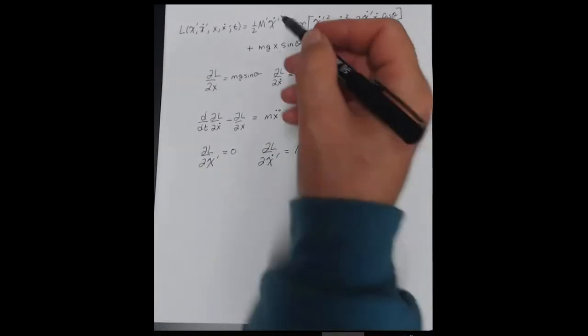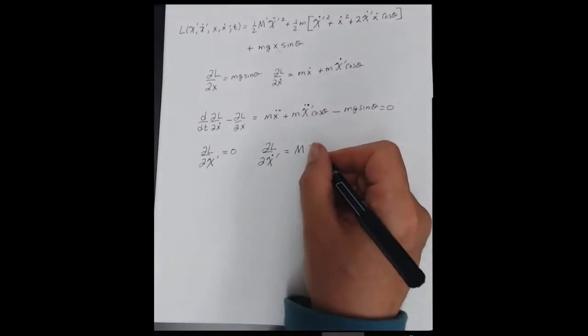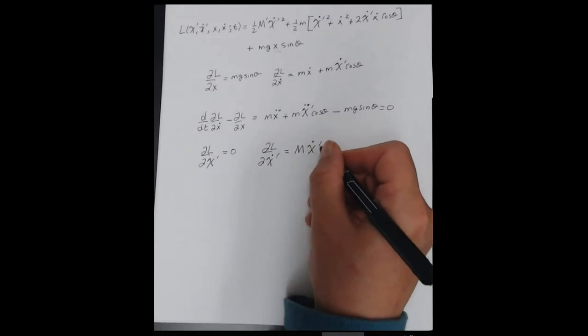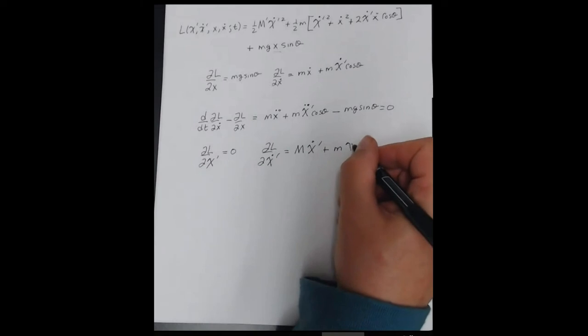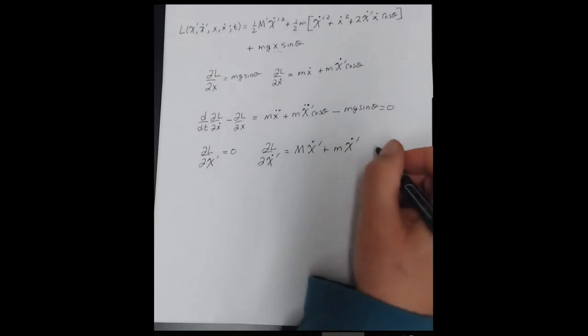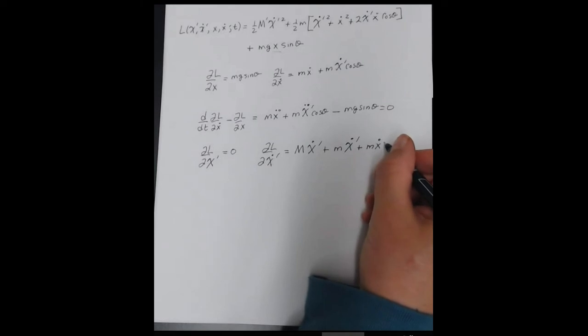Big M big X dot plus I have a little m big X dot plus m little x dot cosine theta.